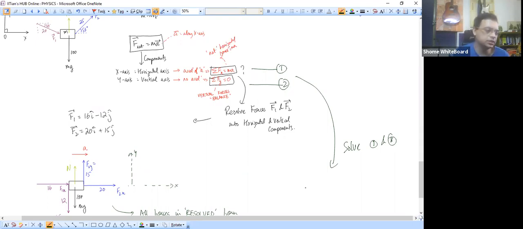Yes, Dhruv, correct. Yes, Adinath, your acceleration is correct.